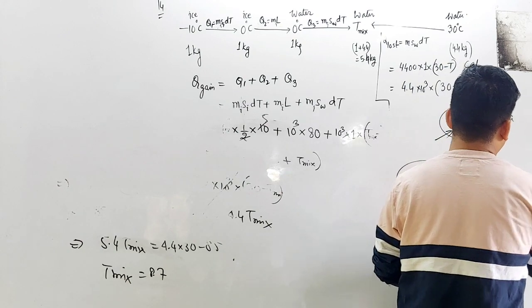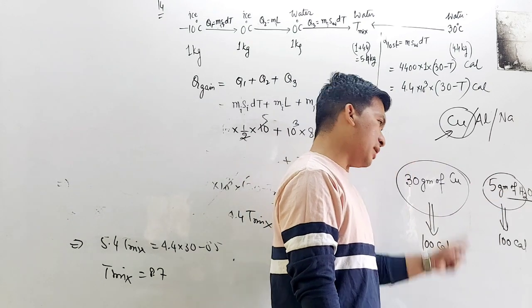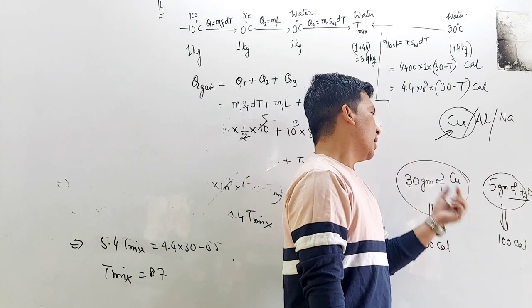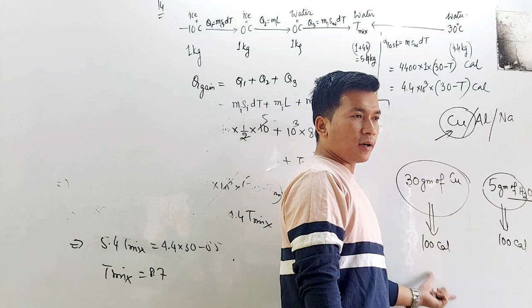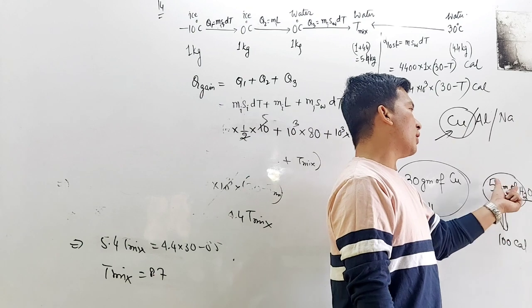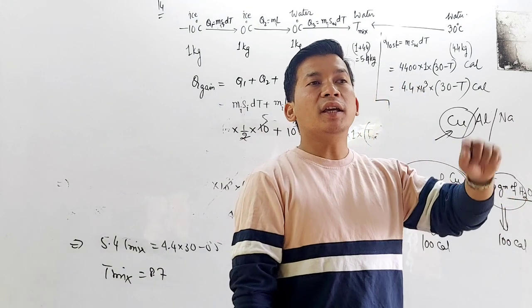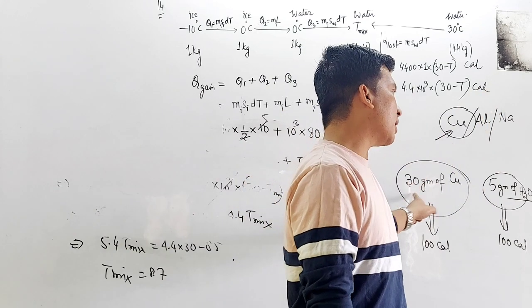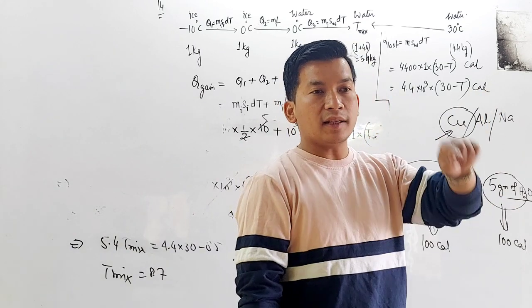Simple logic: your 30 gram of copper requires 100 calorie, and in the meantime your 5 gram of water will require 100 calorie. The heat present inside your 30 gram and the heat present inside your 5 gram of water are exactly 100.